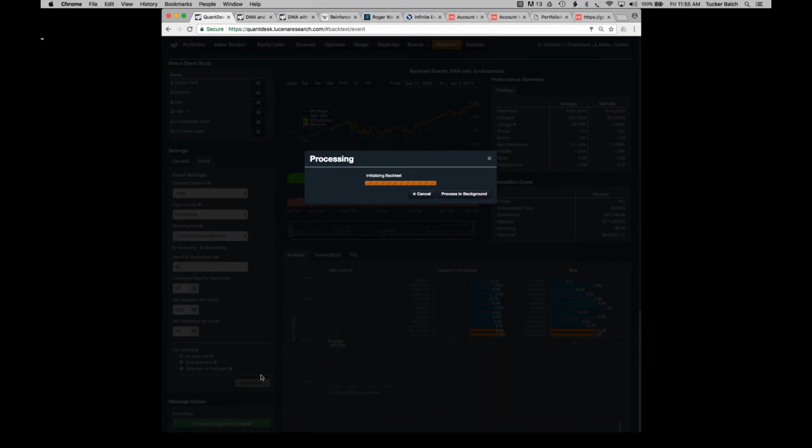The first thing QuantDesk is going to do is assess what your universe is. Earlier on the slide, we could see that Tucker's event study is assessing the S&P 500 and the Russell 1000 as his starting point. So QuantDesk in the background is fetching the daily constituents. It's another kind of bias that people usually fall into.